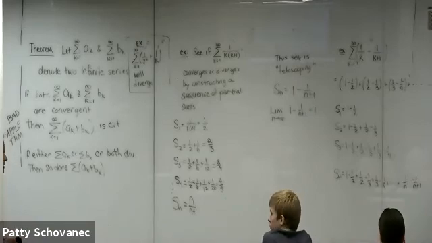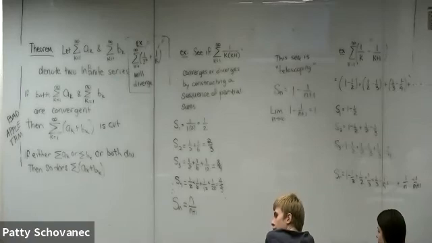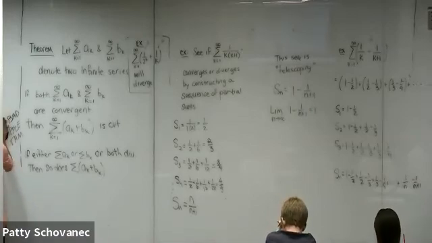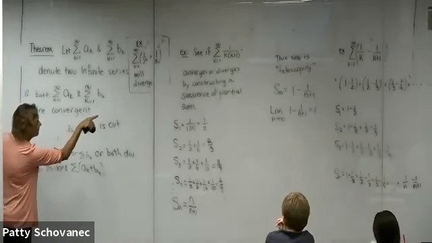So one of the good things is that the series 1 plus a half plus a fourth plus an eighth plus blah, blah, blah, is an example of a series called a geometric series. And now we can determine how a geometric series converges, because I can kind of mimic that.